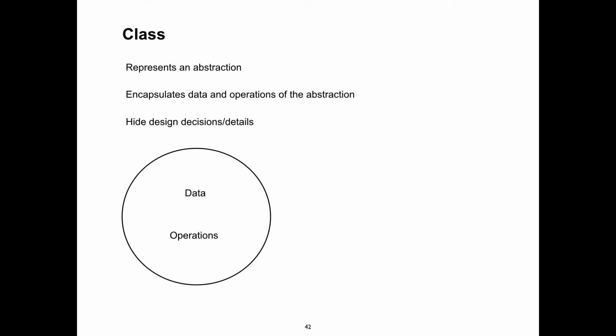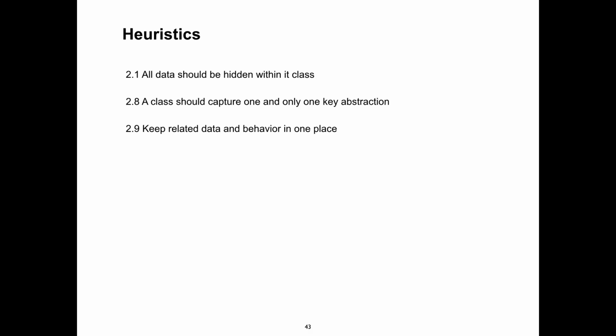And so this class, like we said earlier, is data plus operations, right? And the goal is to hide the inner workings of that class from the outside world so we don't have to worry about it. Hide all your data. A class should represent a single abstraction and keep related data and behavior together.